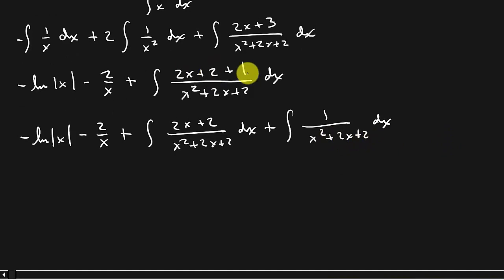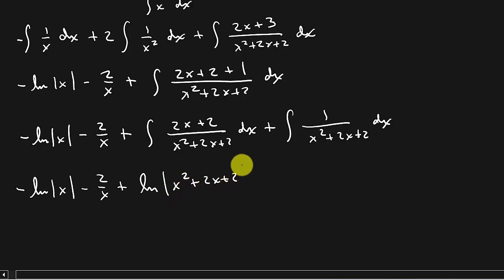And so now let's look at this. What's the derivative of this denominator here? It's 2x plus 2. That's in the numerator. So that's negative natural log absolute value of x minus 2 over x plus natural log of x squared plus 2x plus 2 plus, all right, so now we got to do this last one here.